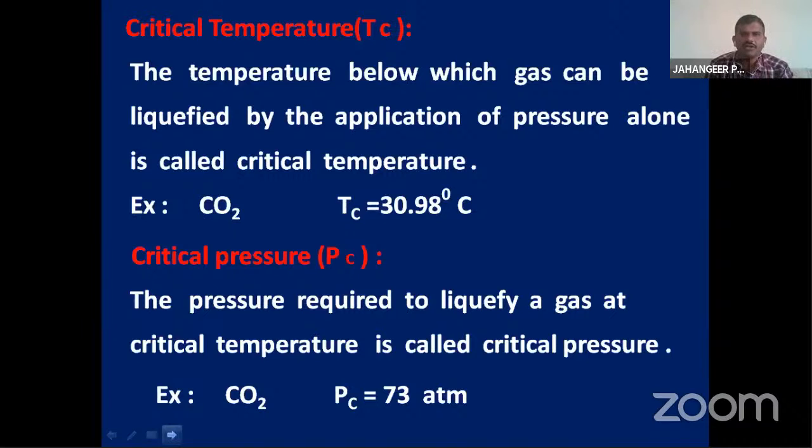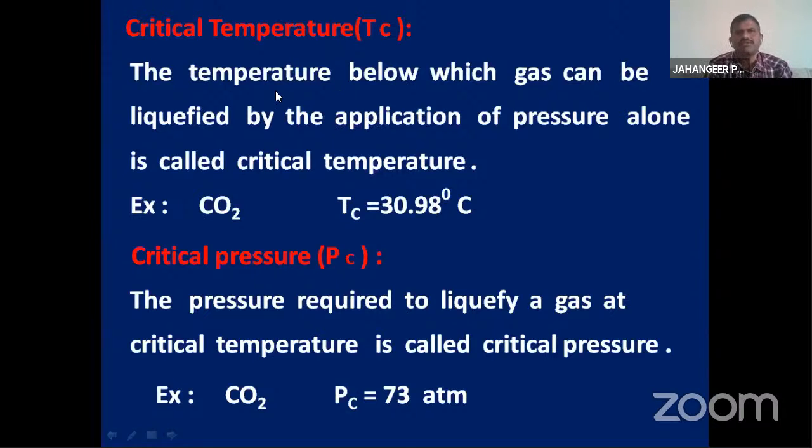For every gas, a particular temperature must be reached, and only then is it converted. By applying pressure alone we cannot convert gas into liquid. Temperature also plays a very important role.